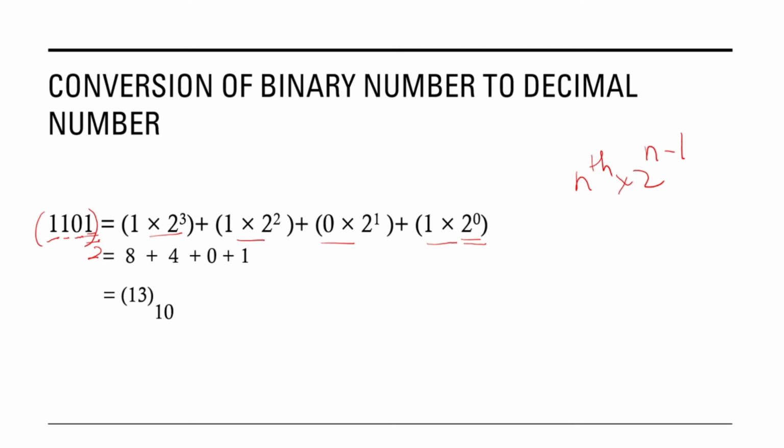When we add all this, we get 13. So the binary number 1101 to the base 2 is equal to 13 to the base 10. This is how we convert a binary number to a decimal number.